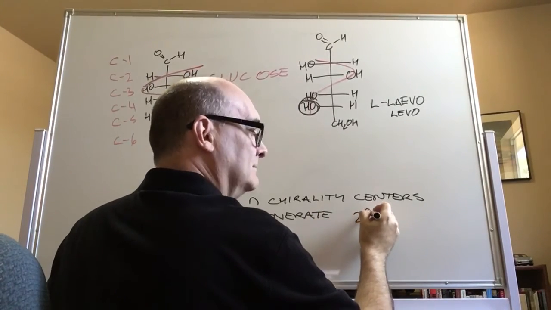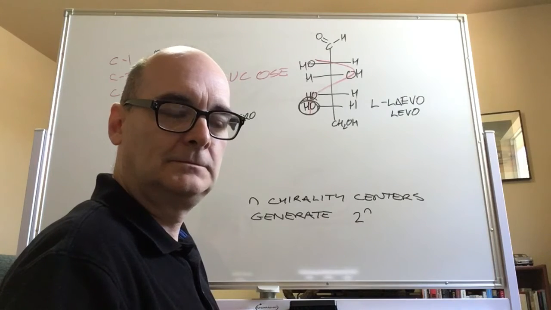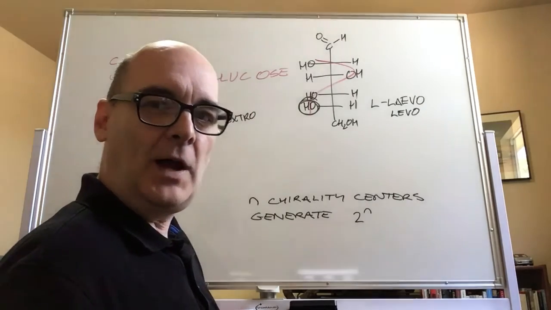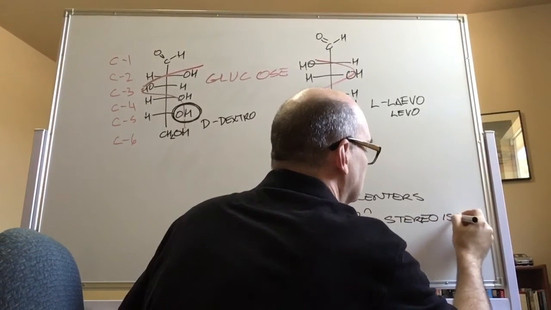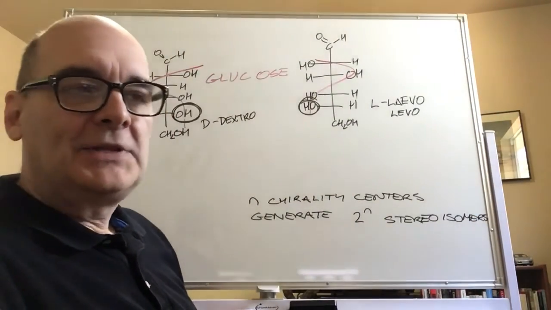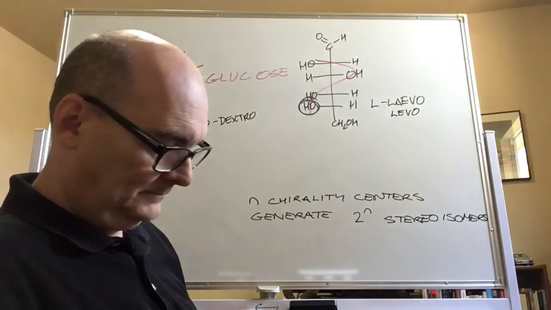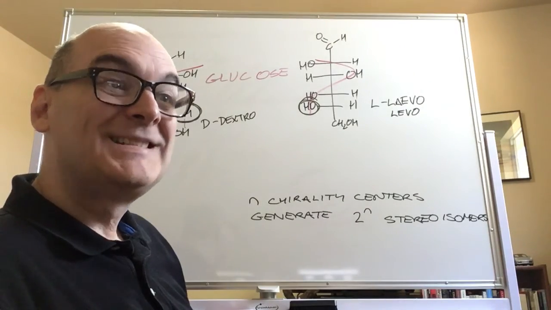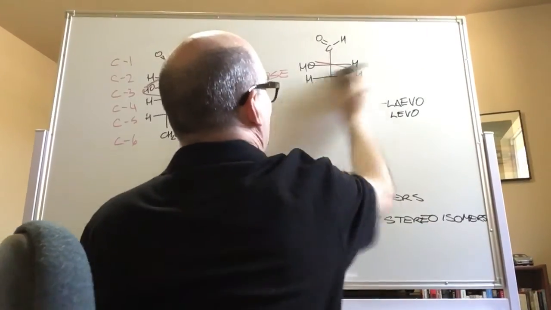It's 8. If I had 4 chirality centers, how many stereoisomers would I generate? 16.